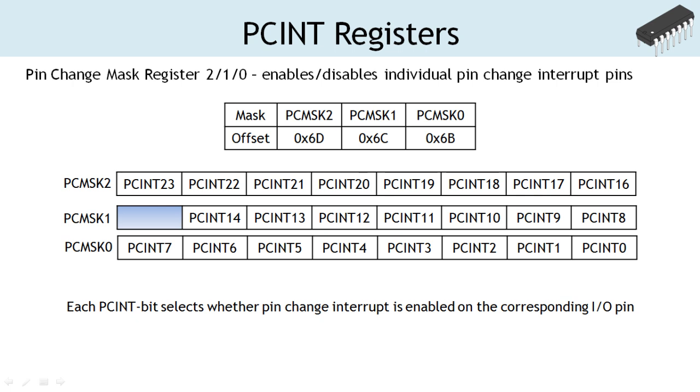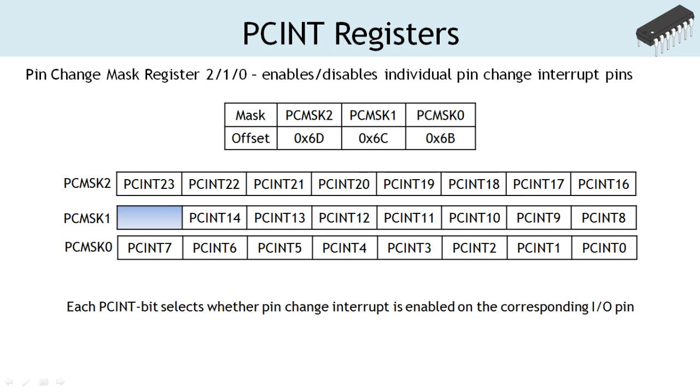The bits PCINT0 through PCINT7 in the register PCMSK0 enable or disable the pins in group 0. Similarly, the bits PCINT8 through PCINT14 control the pins in group 1 and the bits PCINT16 through PCINT23 control the pins in group 2.